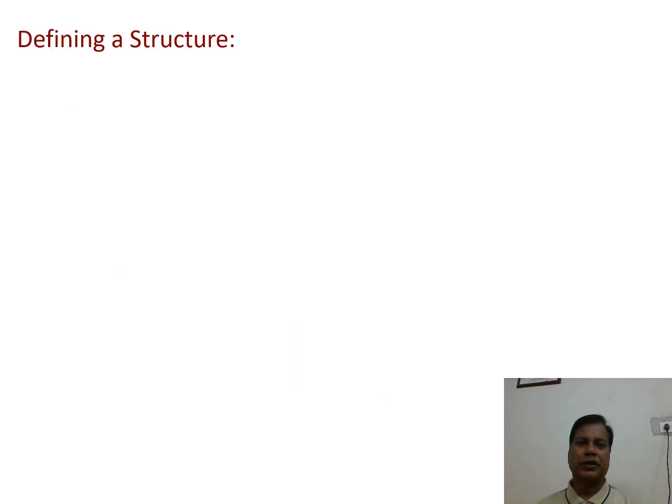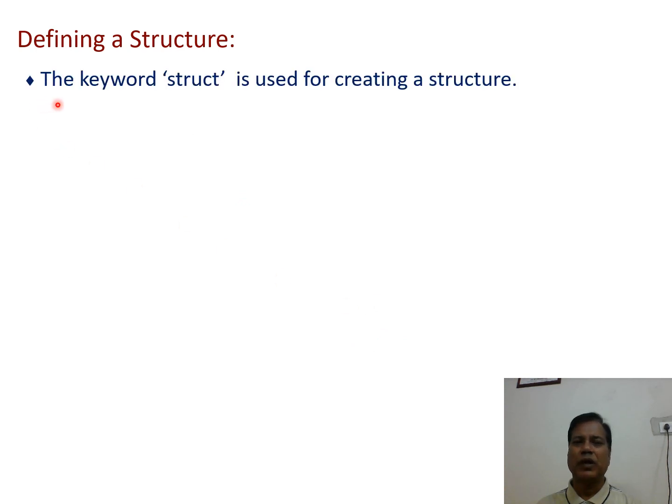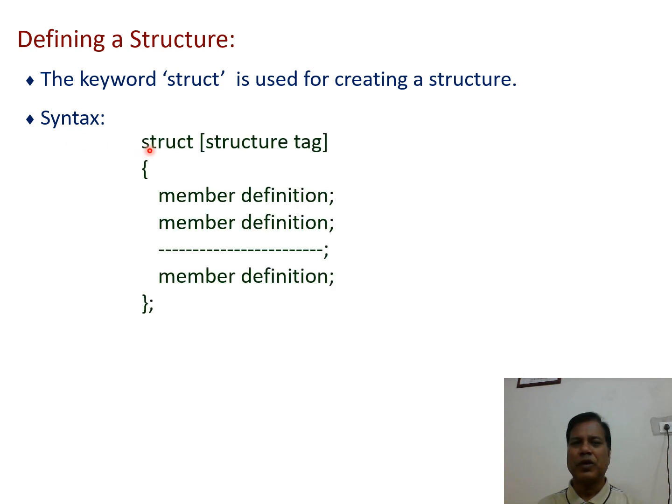Defining a structure. How is a structure defined? Let us see. The keyword struct is used for creating a structure. Syntax for structure definition is like this: struct keyword, then structure tag, and within open and close braces that end with a semicolon, member definitions exist.